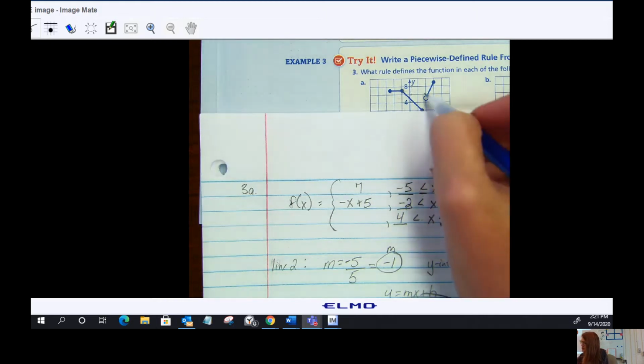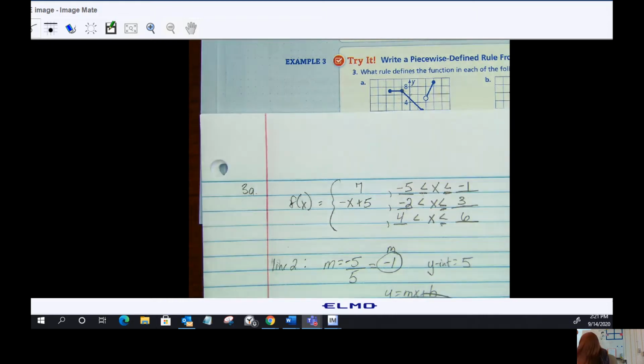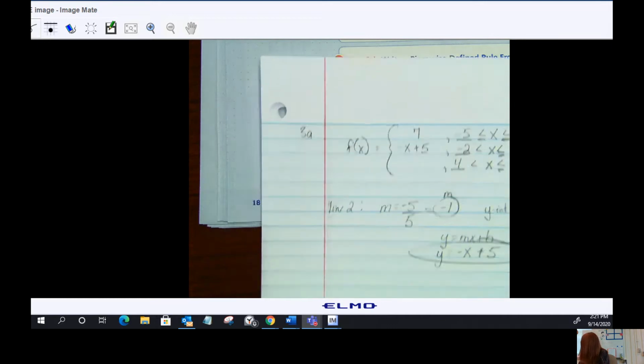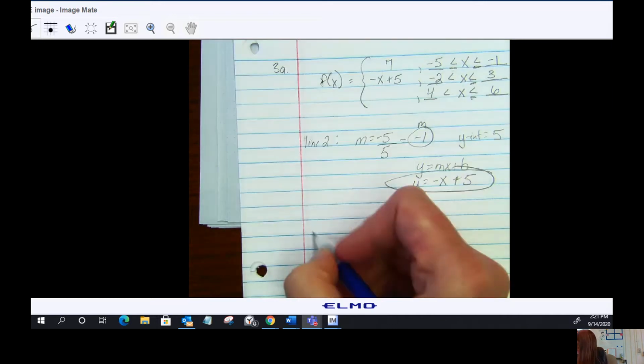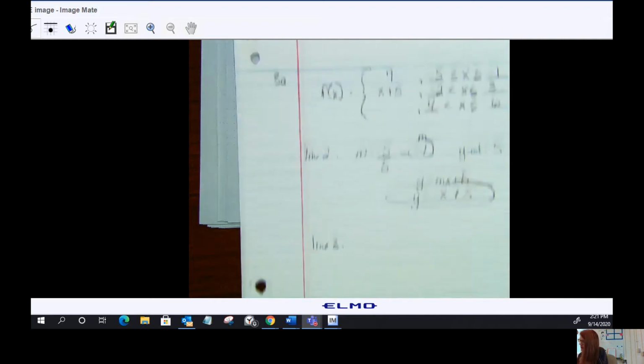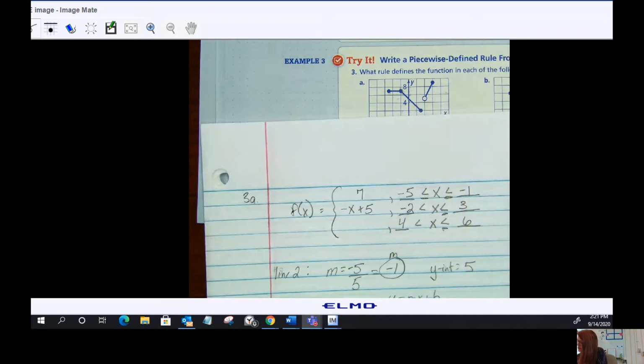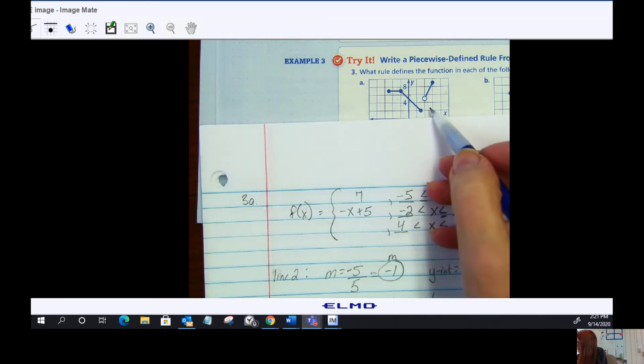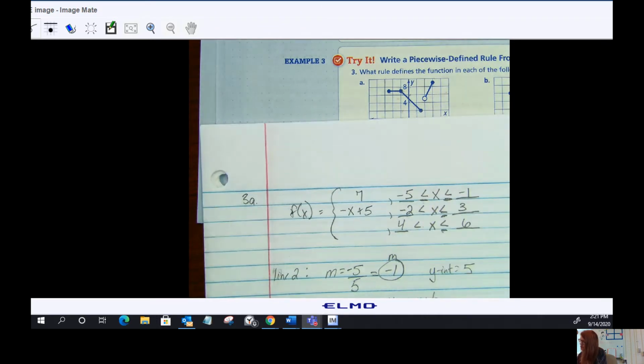And now let's determine the equation of this graph. So let's go line 3. What do we got here? Slope. You know what? Let's do slope algebraically on this one. Let me pull 2 points.